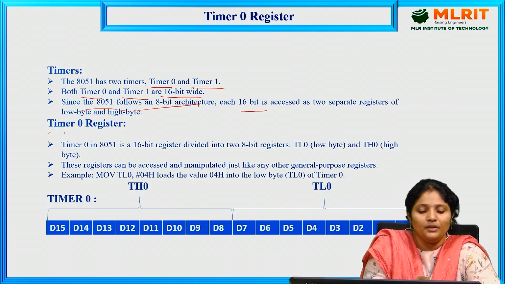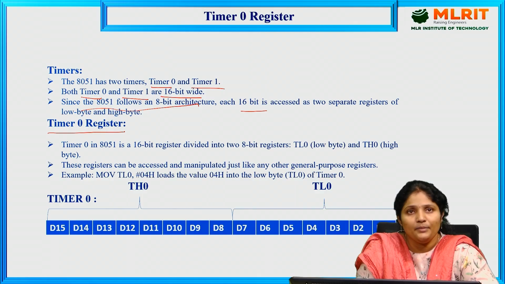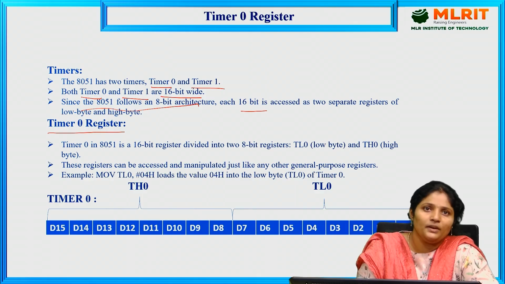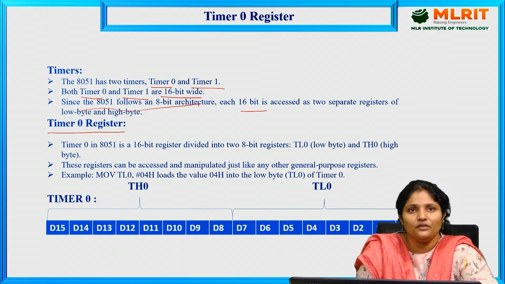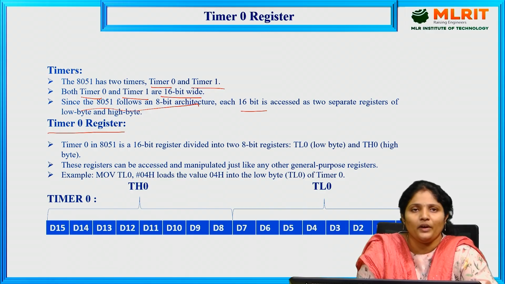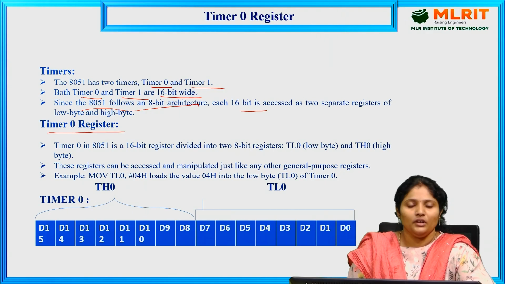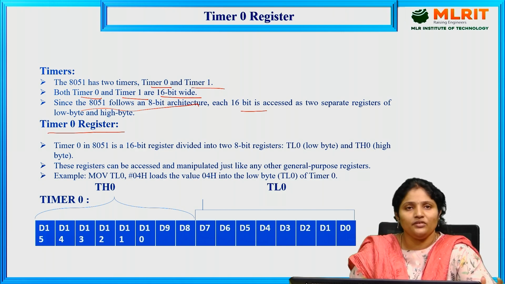Though timer 0 is 16-bit, in one particular mode of operation you can use the higher and lower bytes as two individual timers also. This is the 16-bit register timer 0.